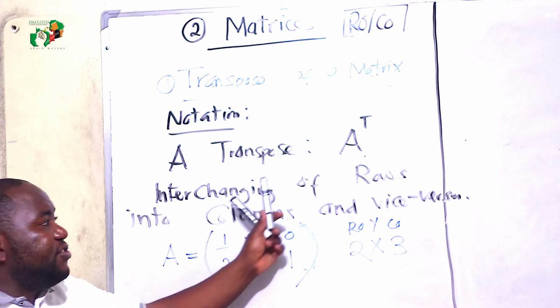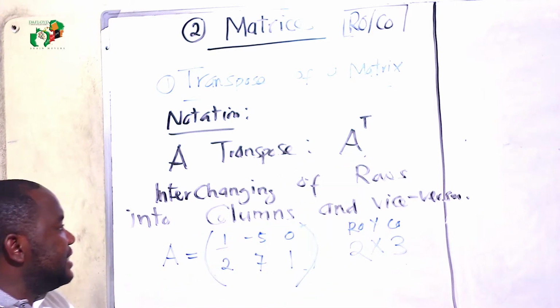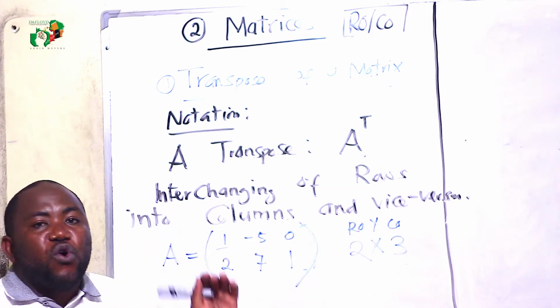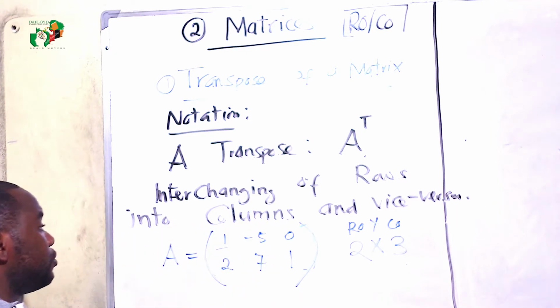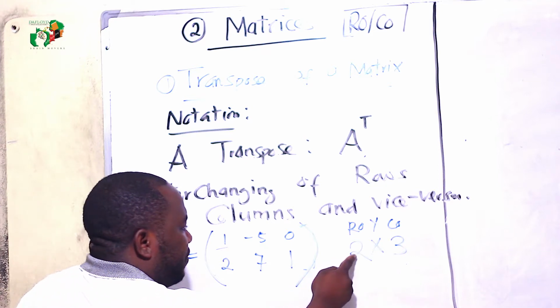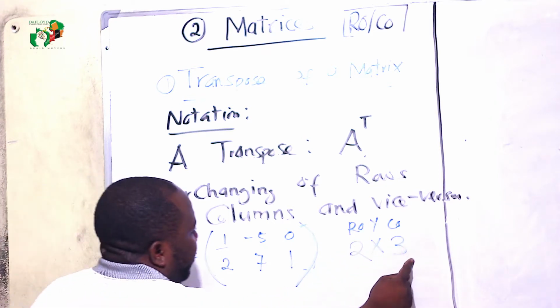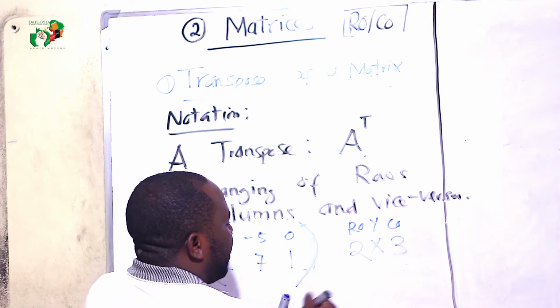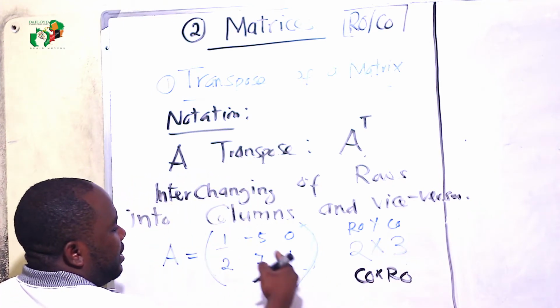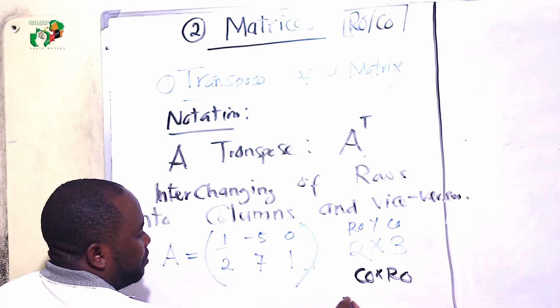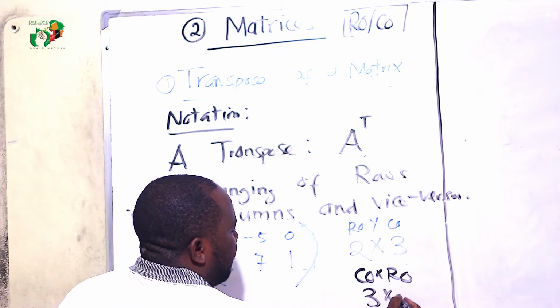Now, A transpose, which is represented by the letter T, is interchanging of rows into columns and vice versa. So if it was 2 by 3, if we swap them, it will be column by row. So the new matrix, A transpose, will be a 3 by 2.